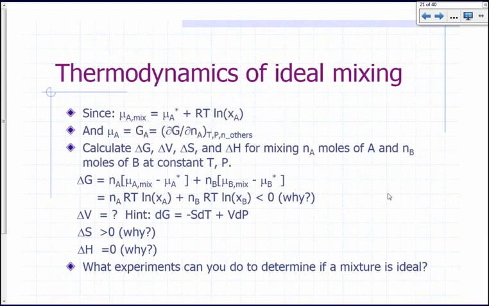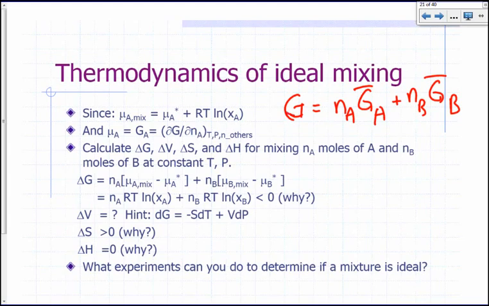So let's calculate delta G, delta V, delta S, and delta H for mixing N sub A moles of A and N sub B moles of B at constant temperature and pressure. Delta G is easy. Remember, your G will just be equal to moles of A times G bar of A, plus moles of B times G bar of B, the partial molar quantities.